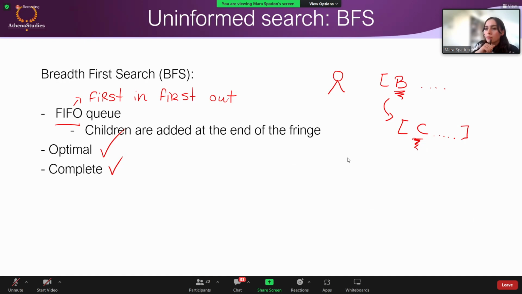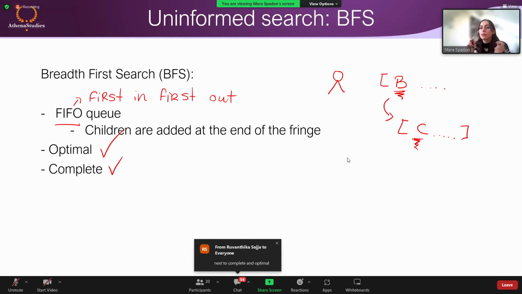I would maybe say next to optimal. Okay, so for optimal, it has a little bit of a conditional thing there.